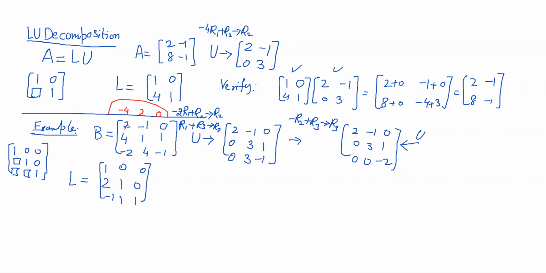Here we have 2, so we divided 4 by 2, and then we divided minus 2 by 2. So we got 2 and minus 1 over here. And then this element we got from here, when we applied the row operation to U, from this 3, we got 1 over here. Okay, gotcha. Yeah.